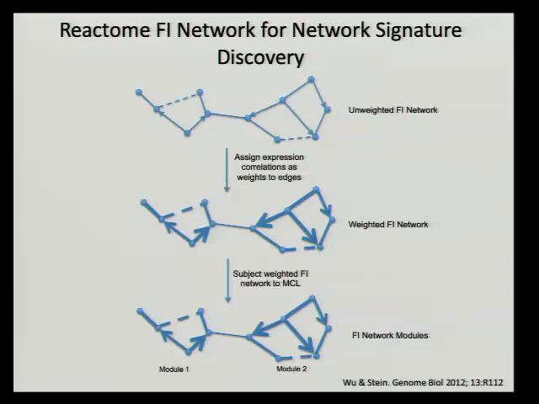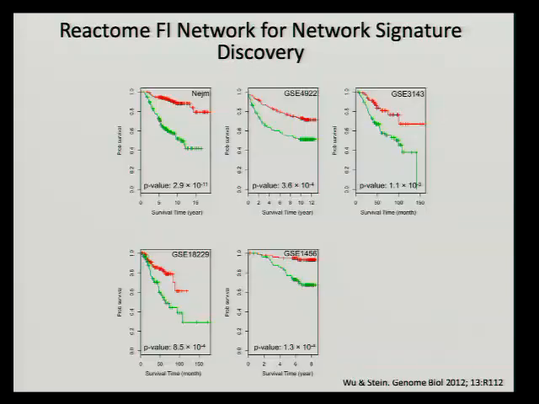Then we subject this weighted network to a weight-sensitive network clustering algorithm, here called MCL, for Markov clustering. Then we get a set of modules, and use these modules as gene signatures to do some data analysis.